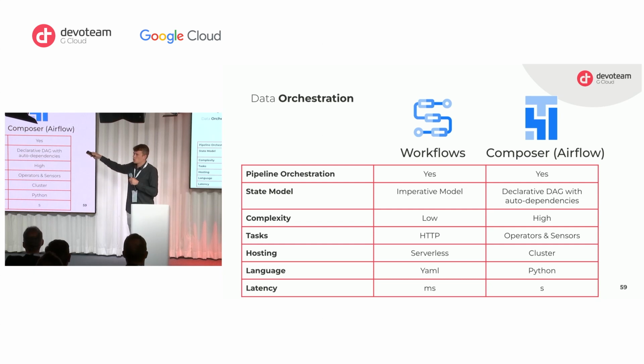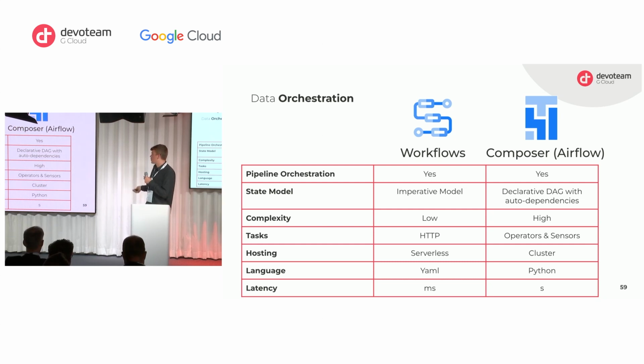But on the other side, what we're pretty often using these days is actually Cloud Workflows. Cloud Workflows is very lightweight. The only thing you need to do is create a YAML file and say, okay, first trigger my ingestion process, then please run my Dataform pipeline, and then start my reverse ETL processes. With a small YAML script, you also have a visual representation of your pipeline, and then you can schedule it with Cloud Scheduler.